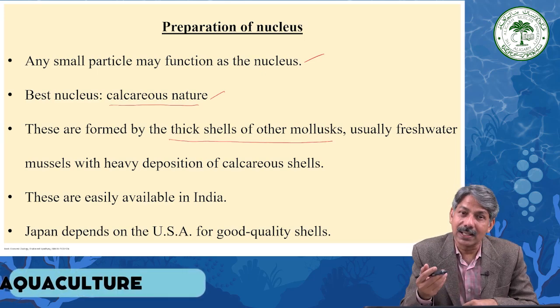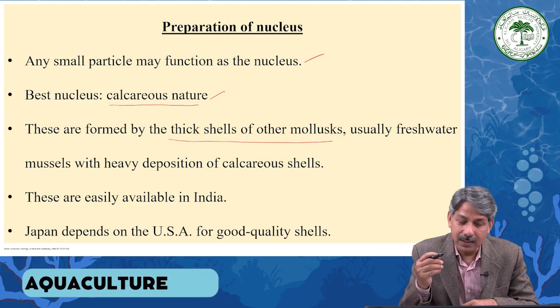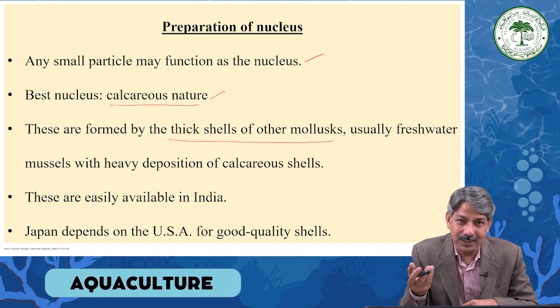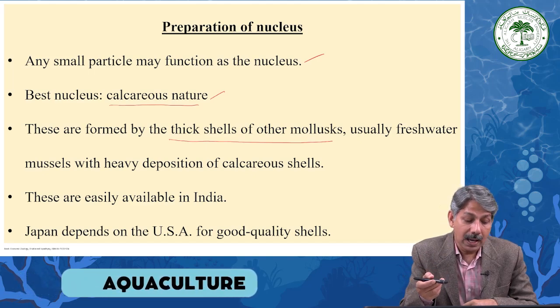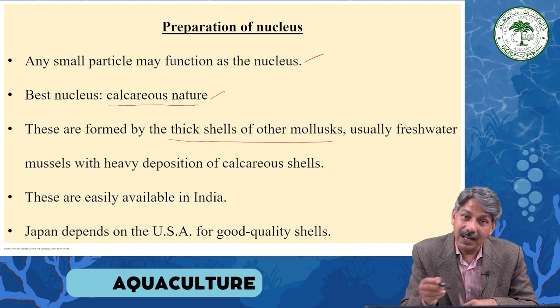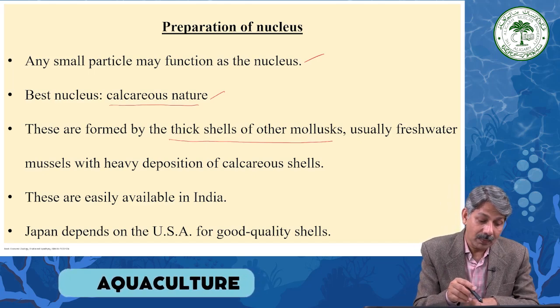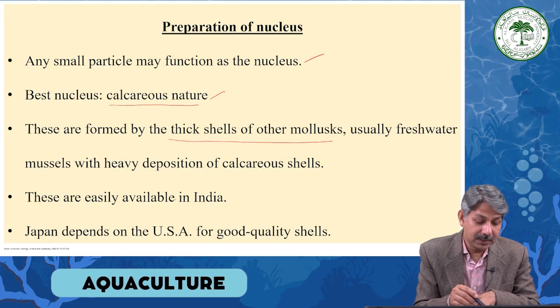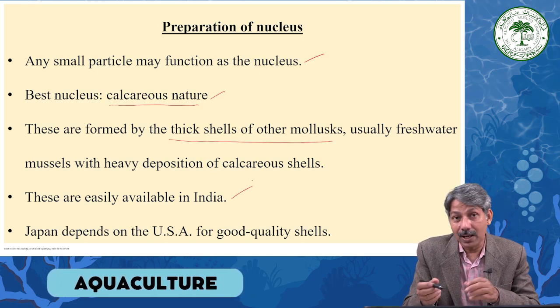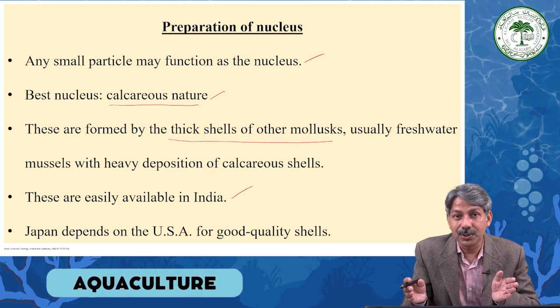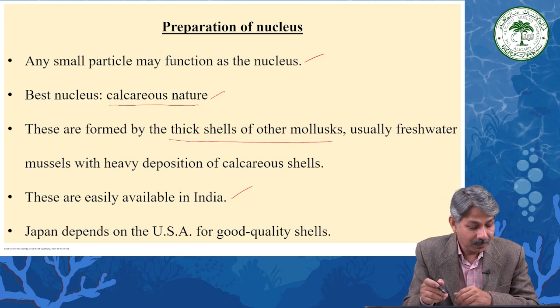So usually we collect freshwater mussels. The nucleus is cut according to the size and shape that you want, and ultimately that is put inside the body of the pearl oyster. So these are easily available. In India, we are blessed with huge resources of this kind.